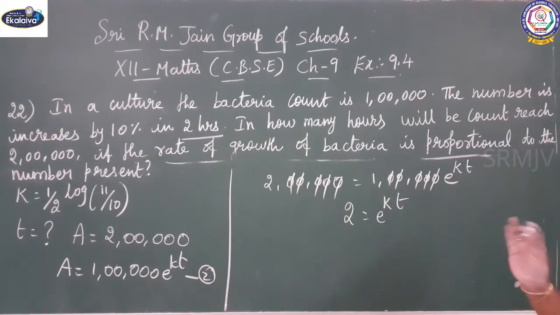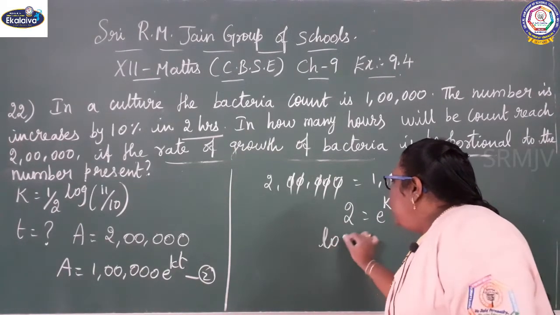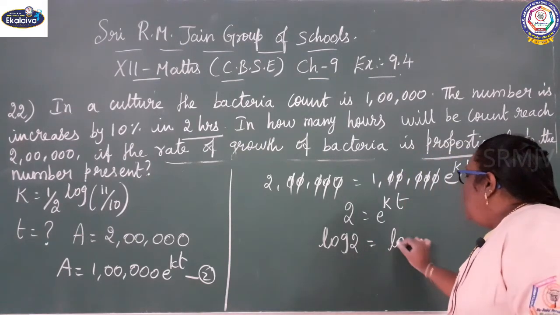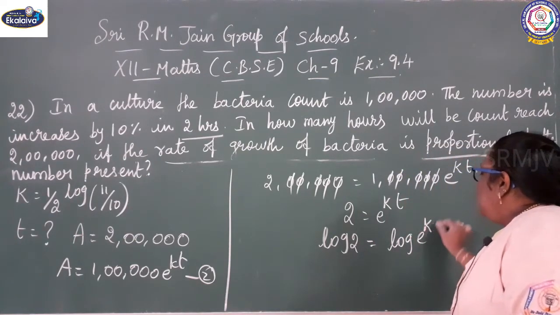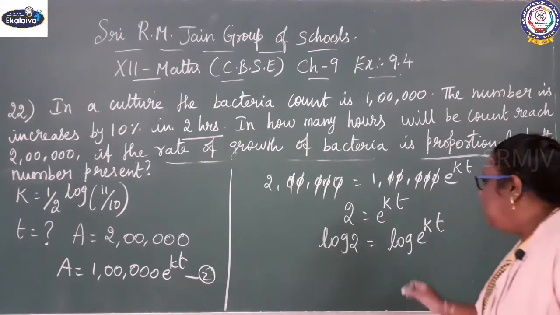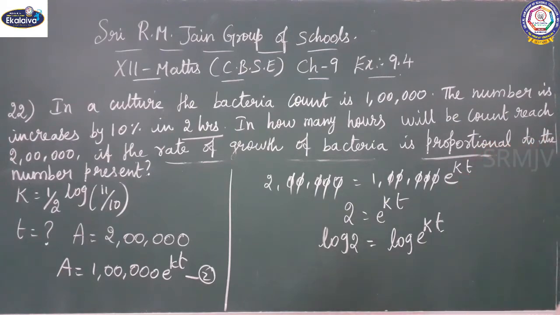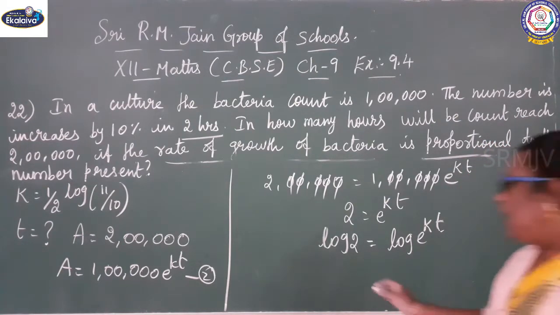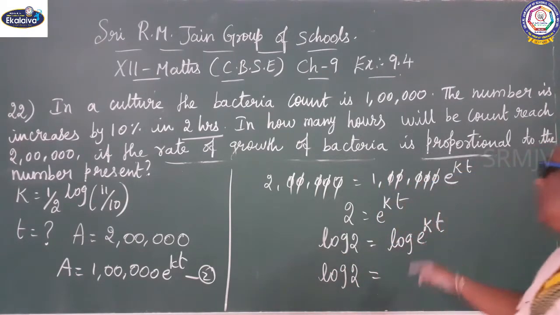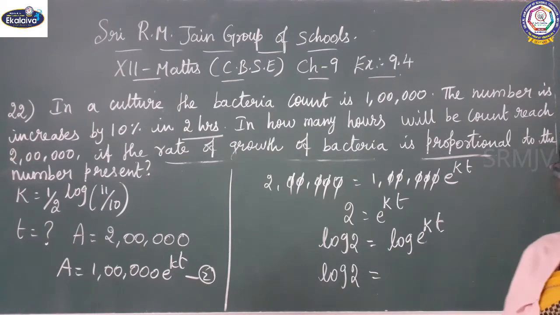Applying log on both the sides, log 2 equal to log of e power kt. Log 2 value is given as 0.6931, or you can leave it as it is. Log 2 equal to kt, since log e value is 1.